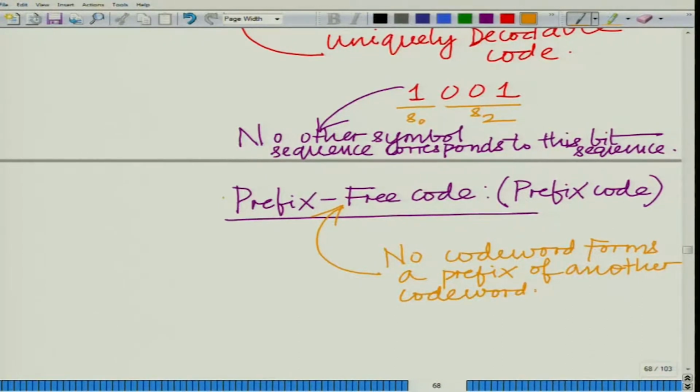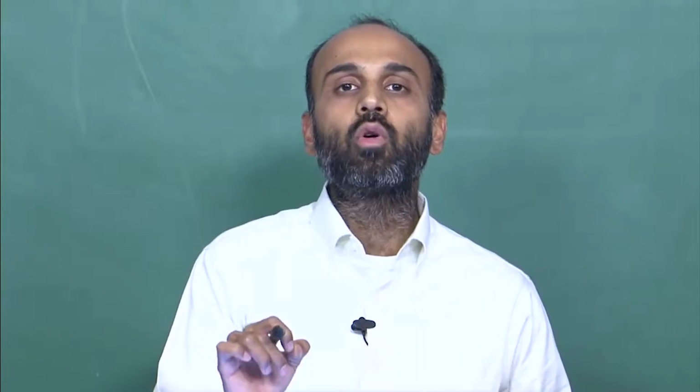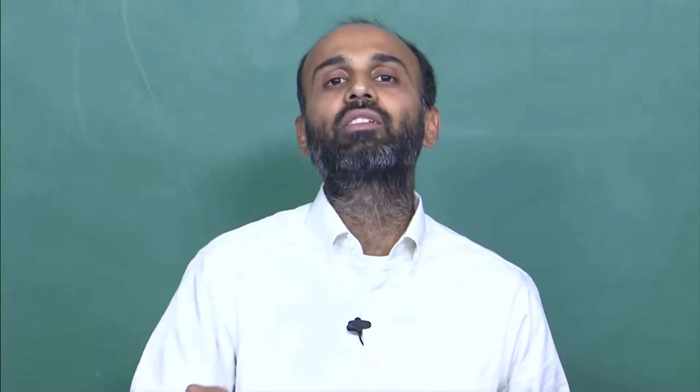Prefix means something that is placed before, something that is in front of another word. A prefix of a word is something that is in front of another word, right. So, a code is known as a prefix free code if the mapping is such that no code word forms a prefix of another code word.